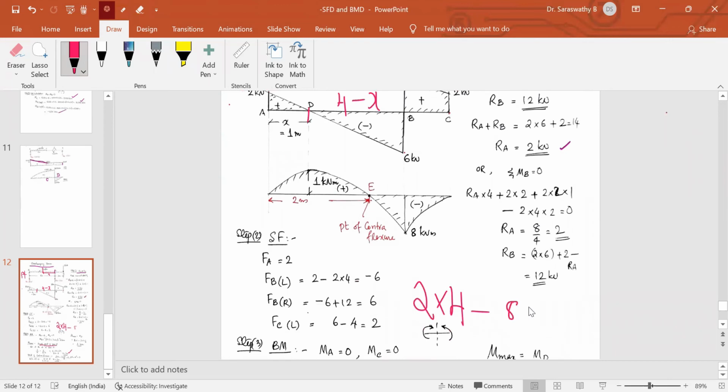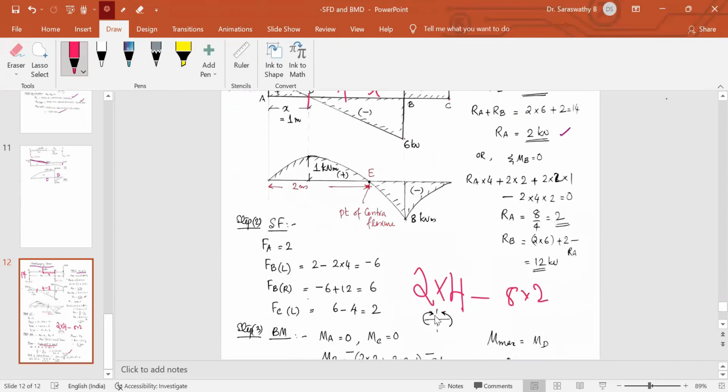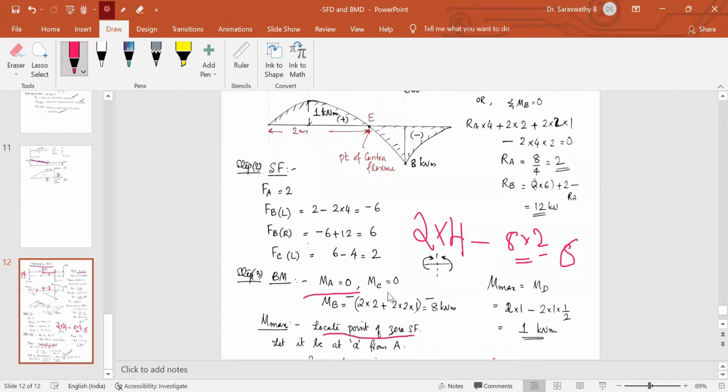That 8 acting at 2 meter. So 8 into 2, that is anti-clockwise. Okay, how much does it work out to? 8 minus 16, it works out to minus 8. So this is found out in another way also.